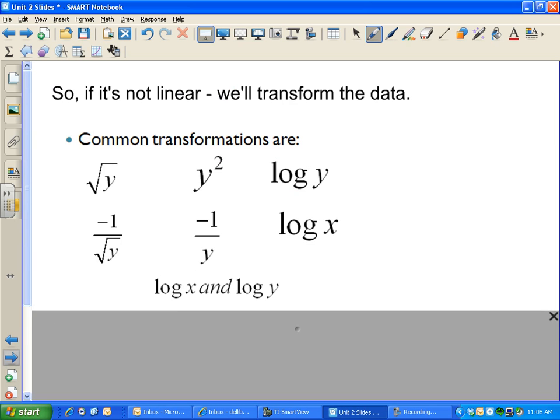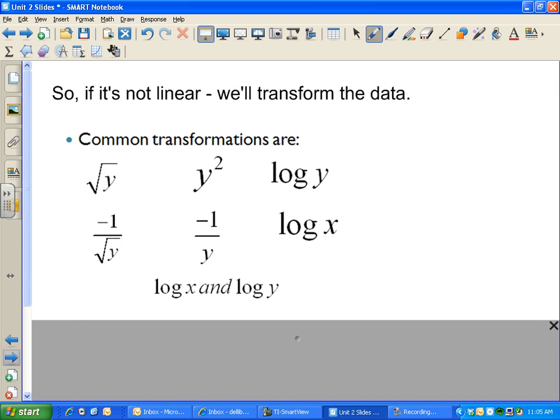There are some common transformations that are talked about in your textbook. When it says y, we're doing this to each value in the y data set. So for example, square root of y means I square root each y number. Log y means I take the logarithm of every y value. It makes me some new numbers.